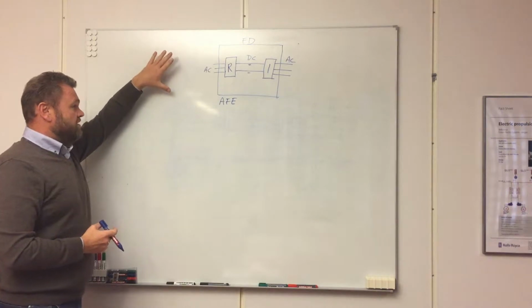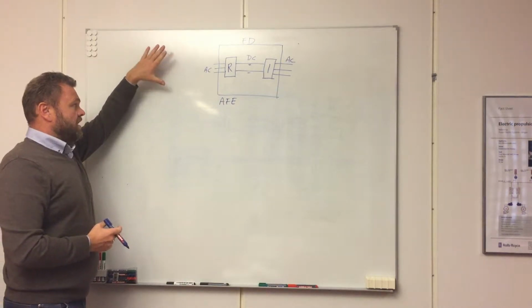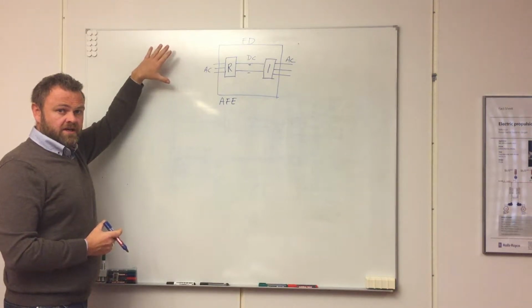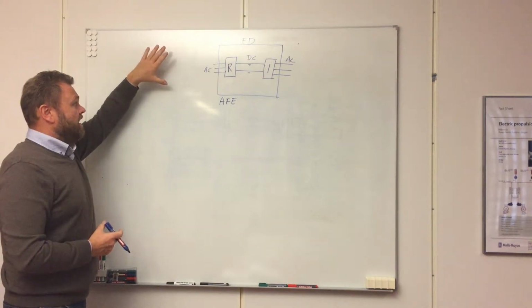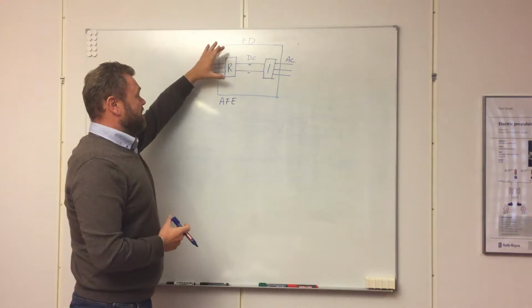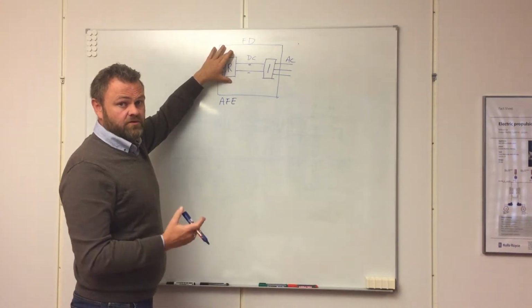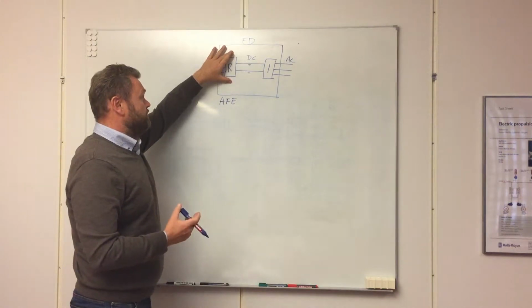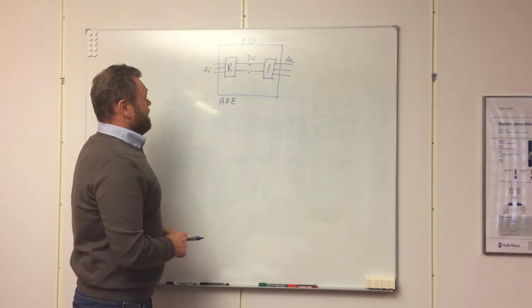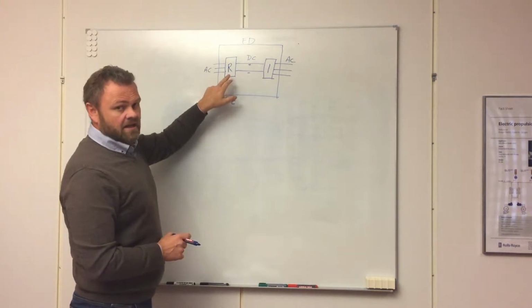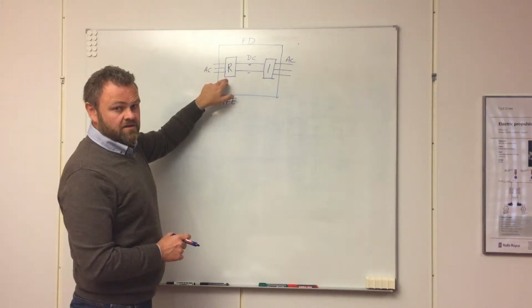So from the grid you have 60 Hertz fixed frequency going into the frequency drive, and you have the rectifying unit as the front end unit. So active front end is then the active unit over here.